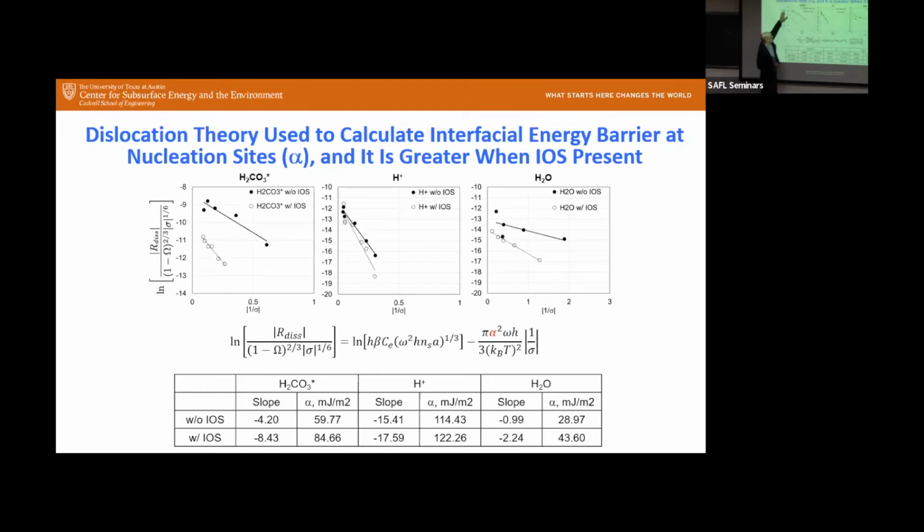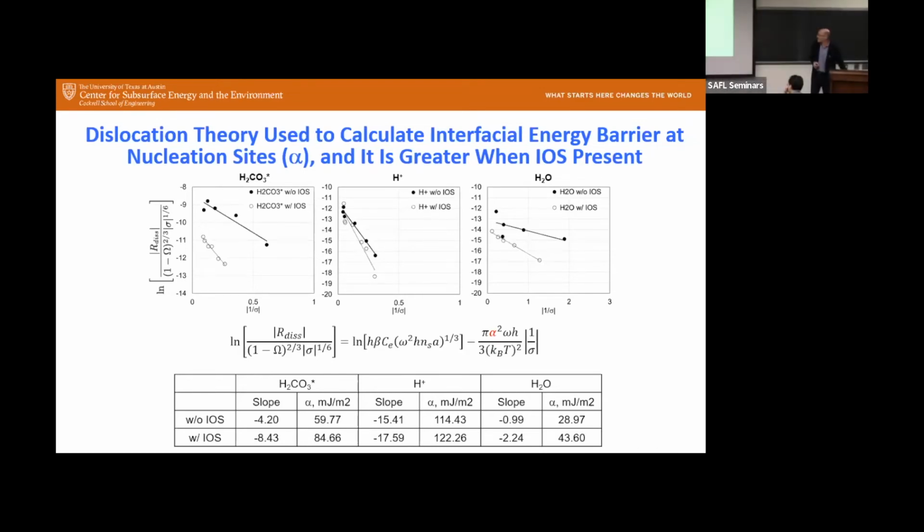We calculate this interfacial energy barrier for nucleation sites. And when we looked at this interfacial energy barrier for activation, in all cases, it was higher when we had this IOS present. So this is a macroscopic, elegant theory, but the end result is a kind of crude interpretation. It's a grouping of parameters that allow us to say we have higher interfacial energy for these different solutes to come in and attack the surface, right?